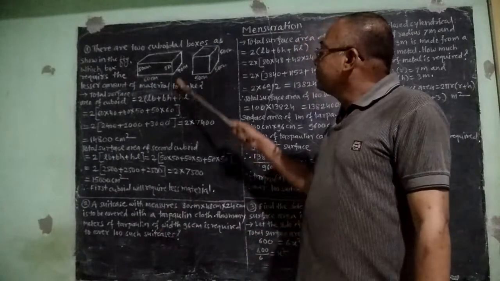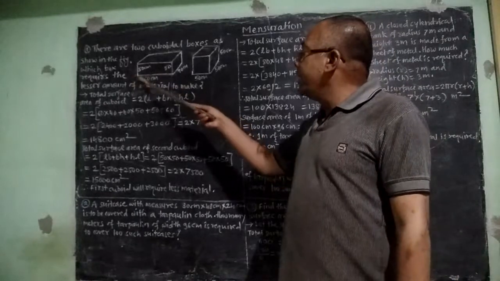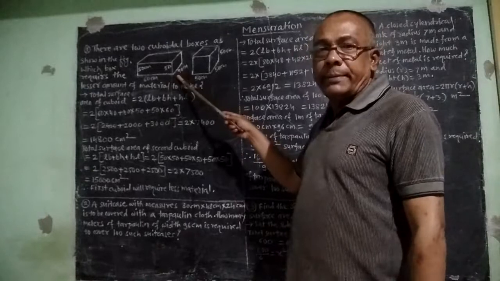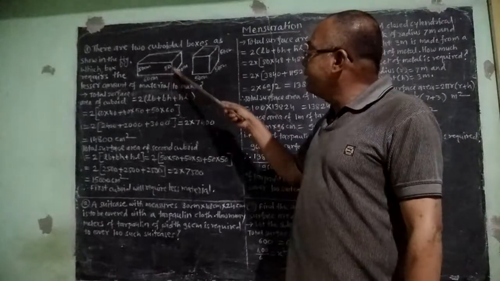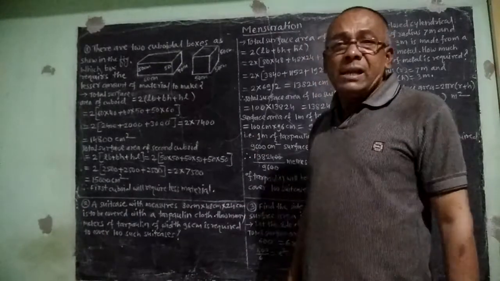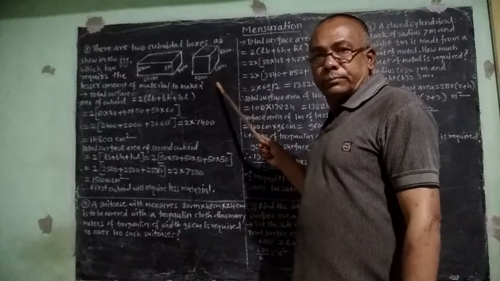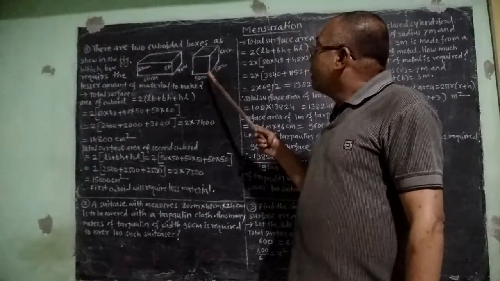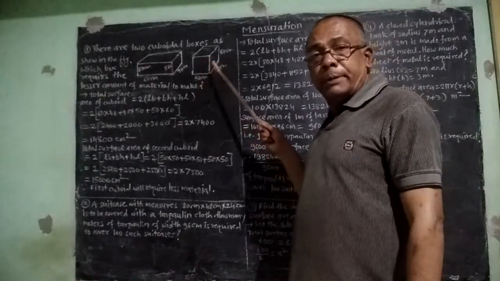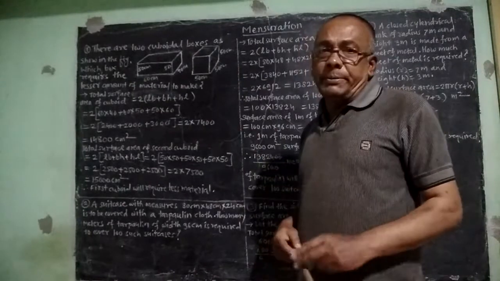Here in the first figure, a cuboid of length 60 centimeter, breadth 40 centimeter and height 50 centimeter is drawn, while in the second figure, a cuboid of length 50 centimeter, breadth is also 50 centimeter and height is also 50 centimeter.